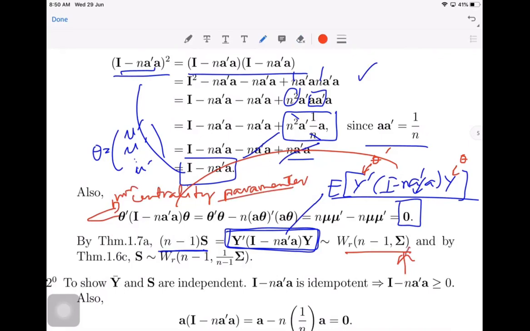So there is no delta here. And applying theorem 17.7a, or the one that talks about Wishart, no? So I think that's 17.17a. It will be Wishart with n minus 1 degrees of freedom and sigma.